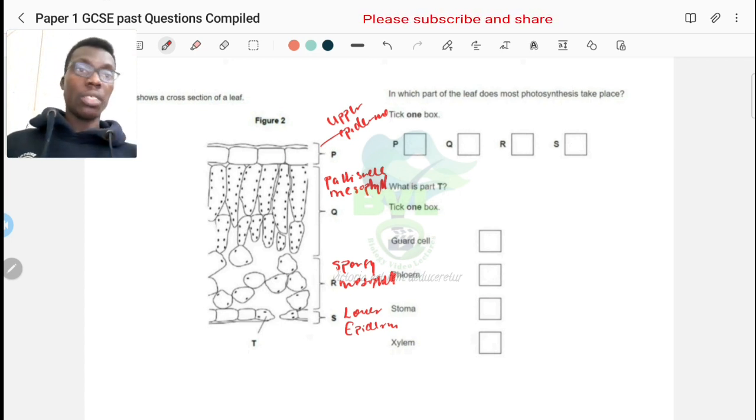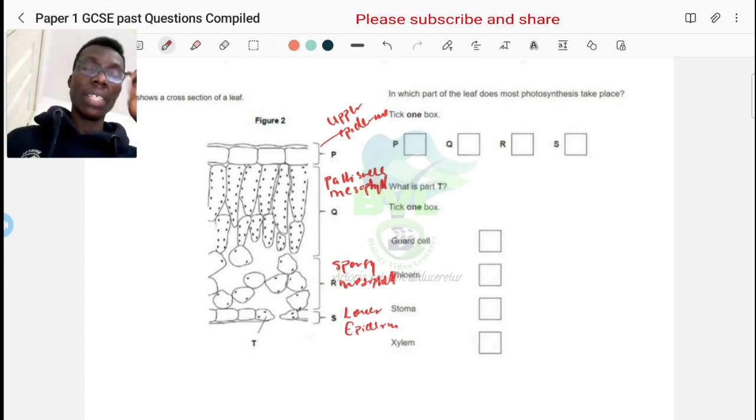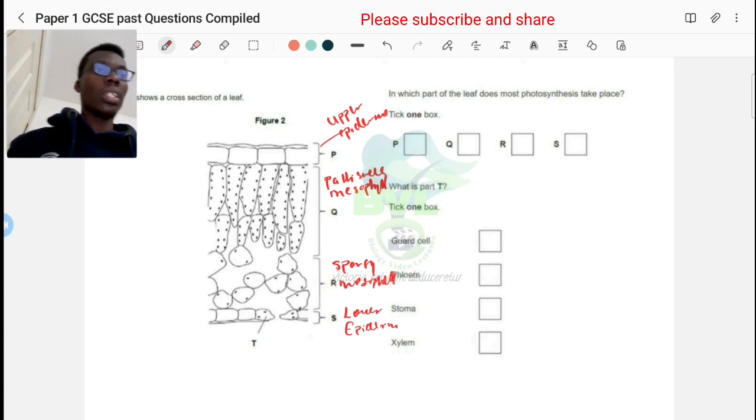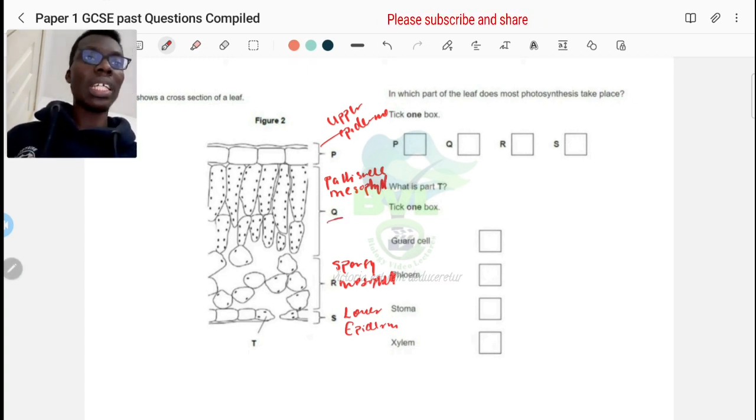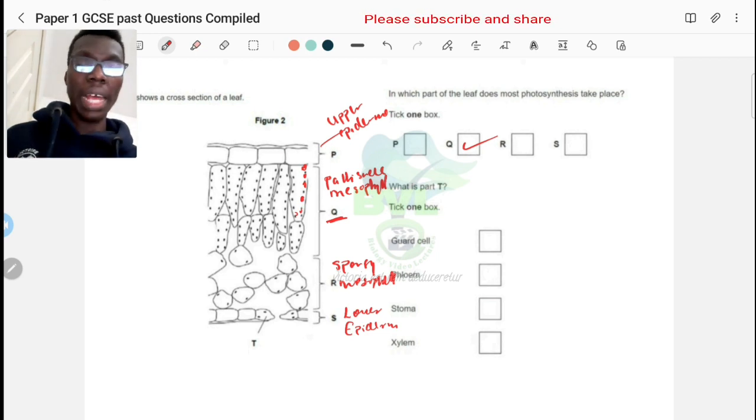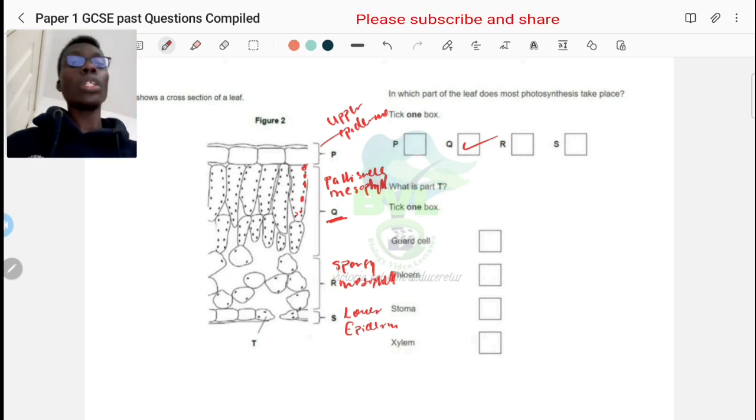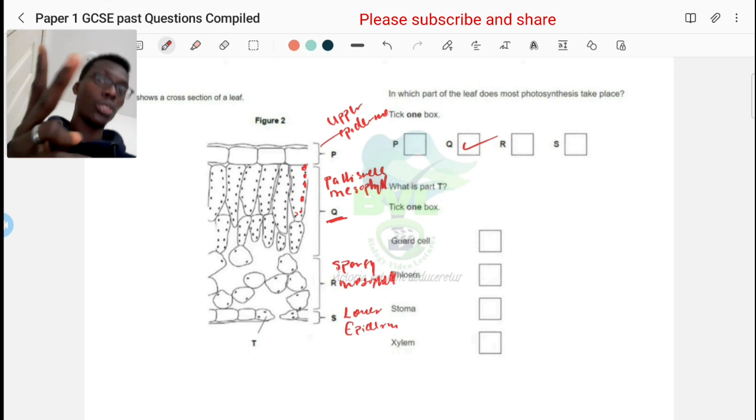Okay, so I deliberately labeled that. Now it says which part is most photosynthesis going to take place. That's going to be Q. Why? Because it contains loads of chloroplasts. The answer usually must be either of these two or these two.